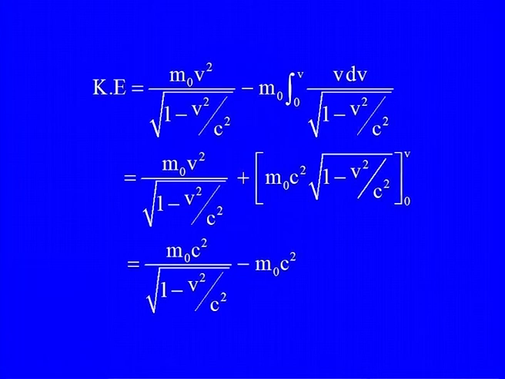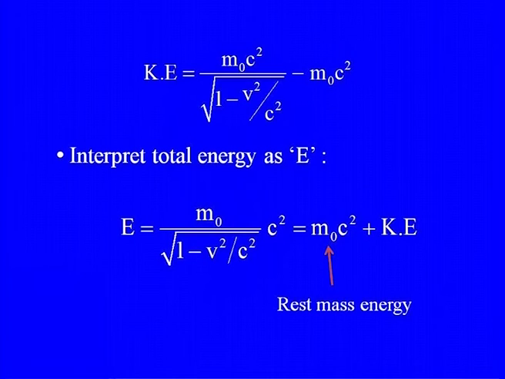m0 is just the rest mass of the body times c square, c being the velocity of light. So that is what we have, the total kinetic energy of the body. Now, kinetic energy of the body being that, we can interpret the total energy of the body as something like m0 divided by root over 1 minus v square by c square, times c square.